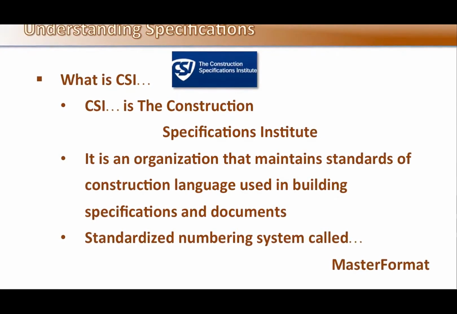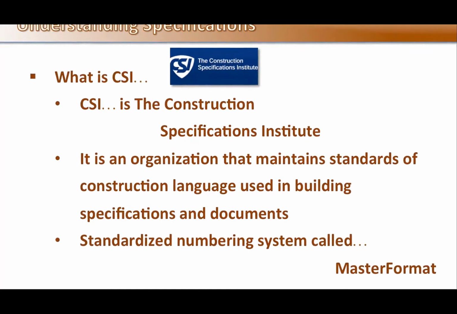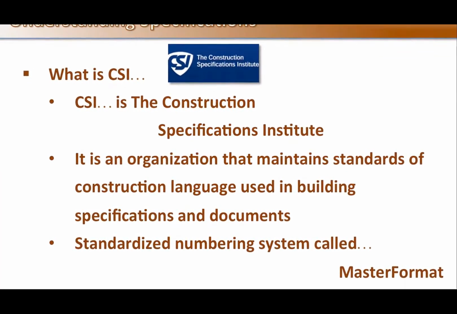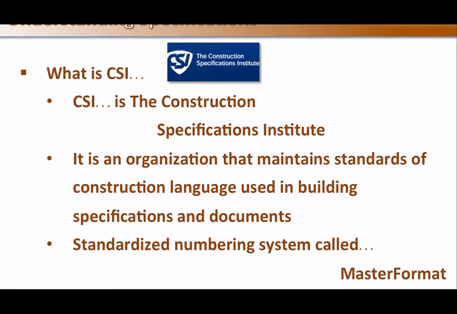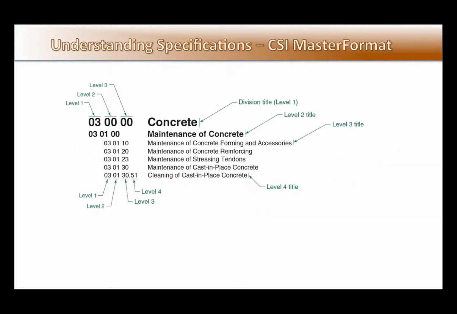And they utilize a standard numbering system called MasterFormat. So not only do they regulate the standards and the language, they also regulate sections and how they're put in order, and that is MasterFormat. MasterFormat uses a 6-digit system which organizes information within specifications.